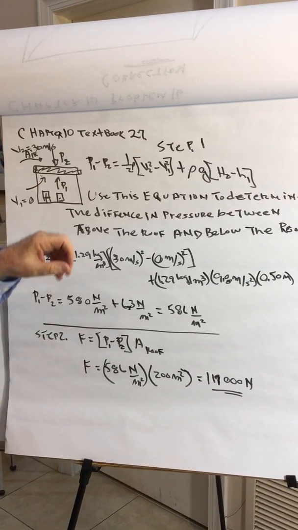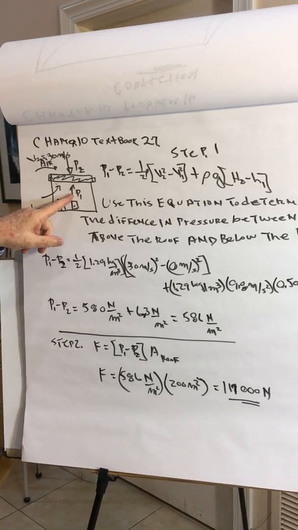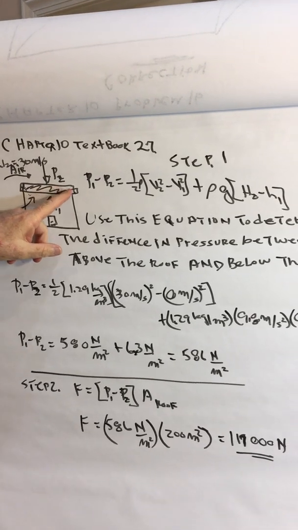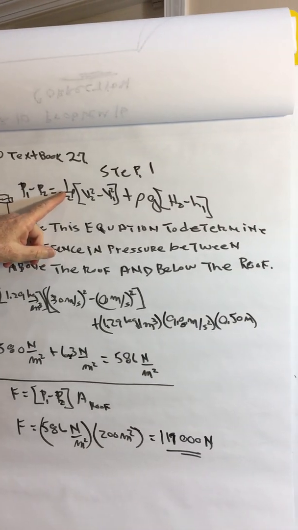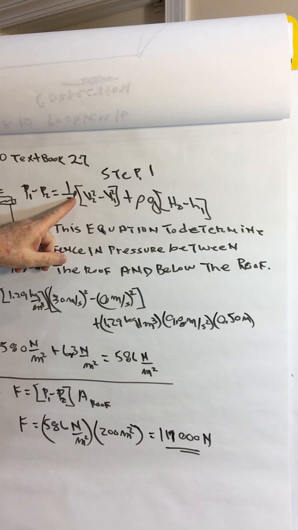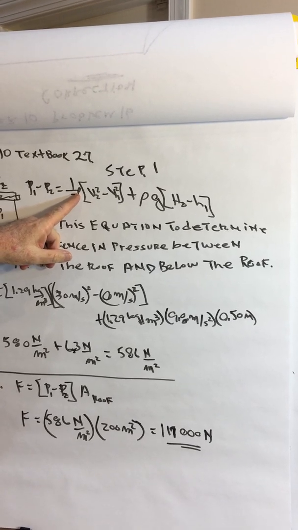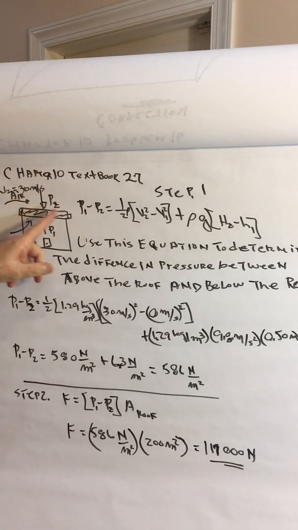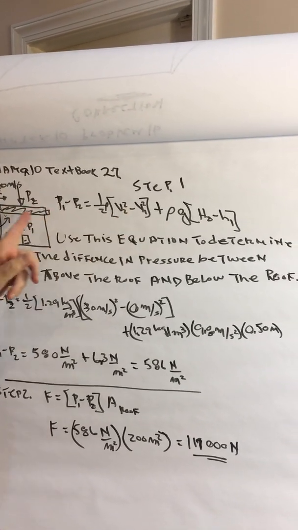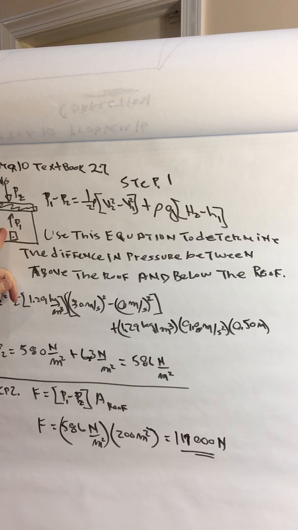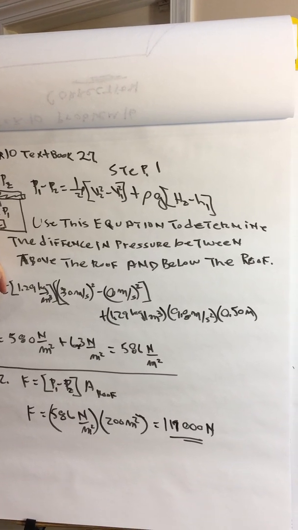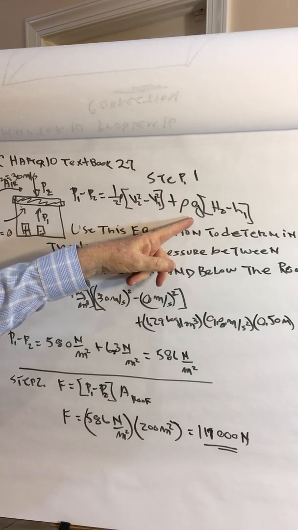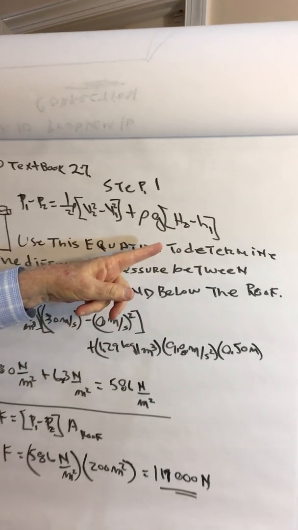Well, here's what the equation says. The pressure on the bottom is greater than the pressure on the top, so that's going to create a lift on the roof. It's equal to 1/2 the density of the air, in this case, because it's air, times the velocity over the roof, which is 30 meters per second, minus the velocity under the roof, which is 0, because under the house, no air is flowing through the house, plus the density of the air times gravitational acceleration times the thickness of the roof.